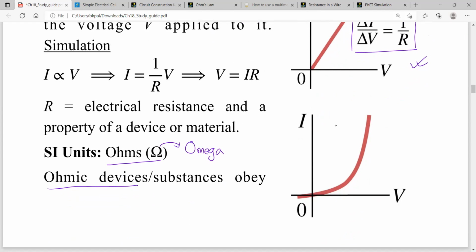There are many devices that don't follow Ohm's law, and their I versus V graph is something like this. What I mean is it's not a straight line. If the I versus V graph is not a straight line, that means it is not an ohmic device or ohmic substance.